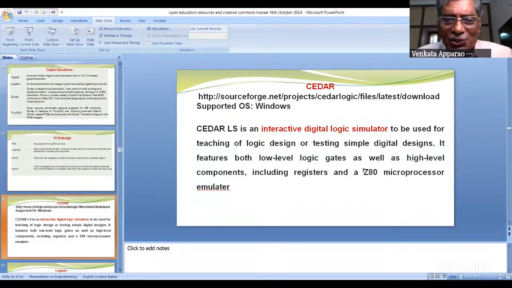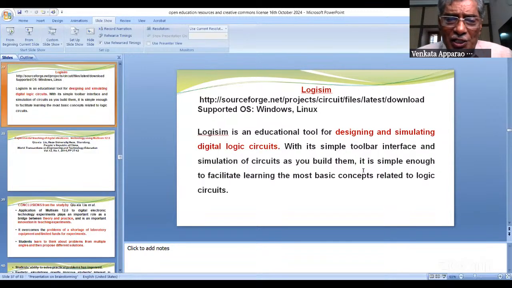Right. So SEDAR, that is the website I have given to you. Operating system is Windows. Then Logisim, again, is an educational tool for designing and simulating digital logic circuits.